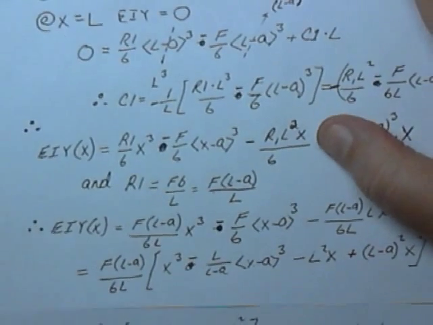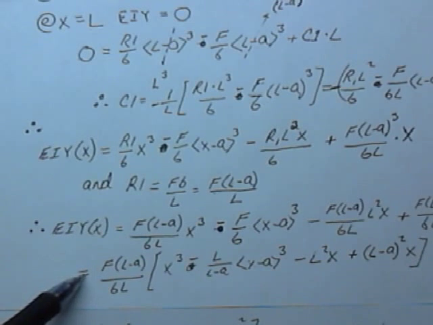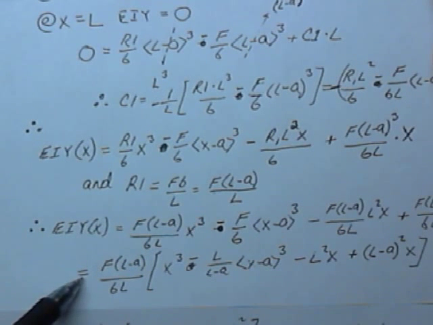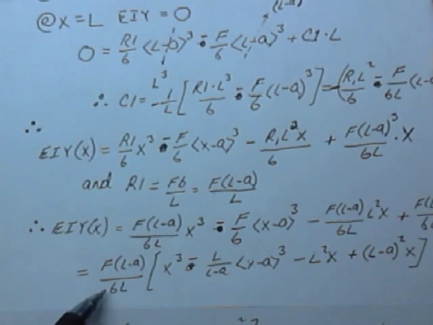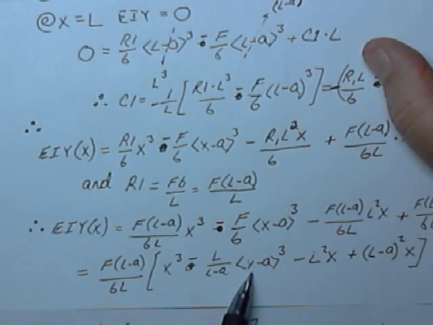Now what I want to do is go back to my general EIY equation and say now that x is going to be greater than a. When that's true, this becomes x minus a. This term turns on. And as long as x is greater than a, I can turn those into parentheses. So this term comes back alive.